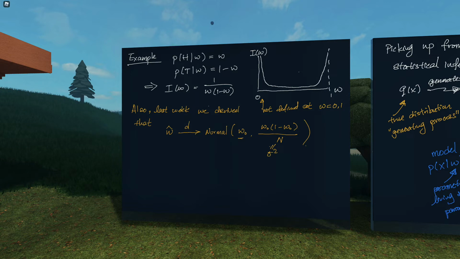We notice that this expression is actually equal to 1 over n multiplied by the inverse of the Fisher information. The inverse of the variance is called the precision. So the Fisher information can be interpreted as the precision of the estimator, but to be more precise, it is the asymptotic precision.